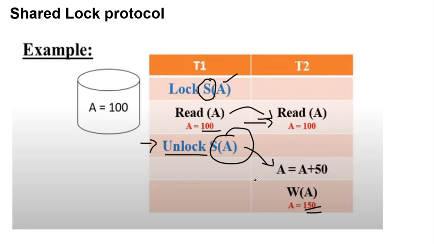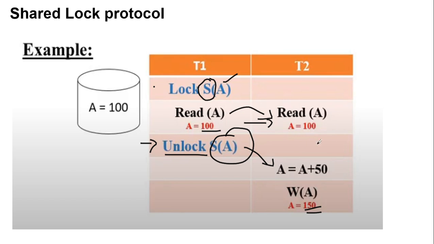Here the thing is, when a particular data item is under a shared lock, none of the other transactions are able to manipulate the data. In this example, in transaction T1 the data is being accessed and is under a shared lock, but T2 is not manipulating the data, because A was under a shared lock.